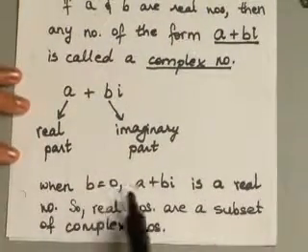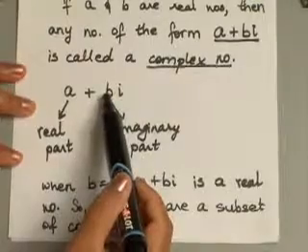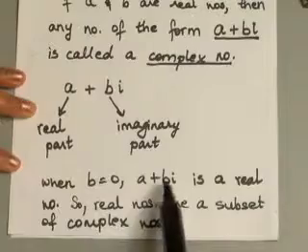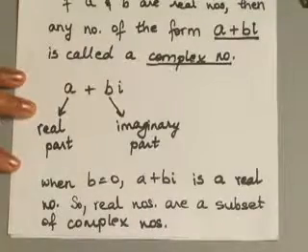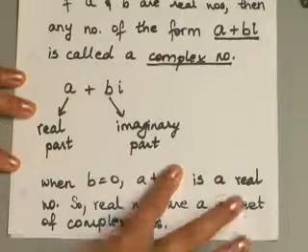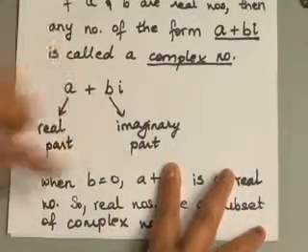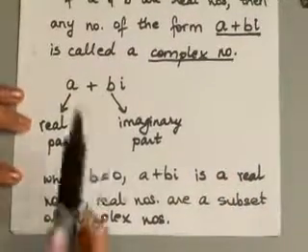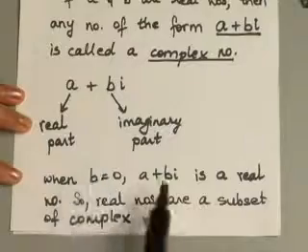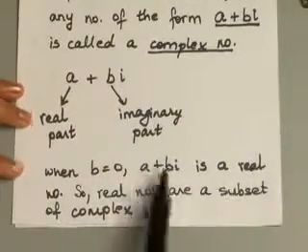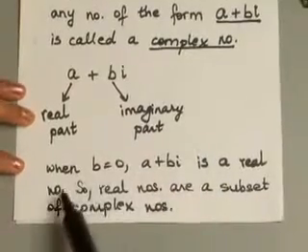When b equals 0, a plus bi is a real number. If b equals 0, then 0 times i will be 0, and that imaginary part will disappear, and you will be left with just the a part, and we know a is a real number. So when you have a complex number of the form a plus bi and b is 0, then this number will become a real number.